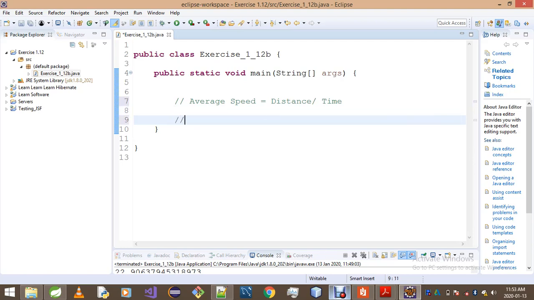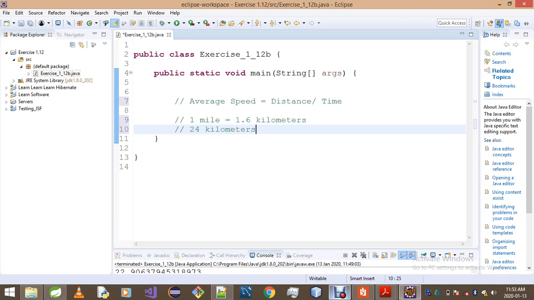So what we know is we've been told 1 mile is equal to 1.6 kilometers, and 24 miles is actually equal to some number.